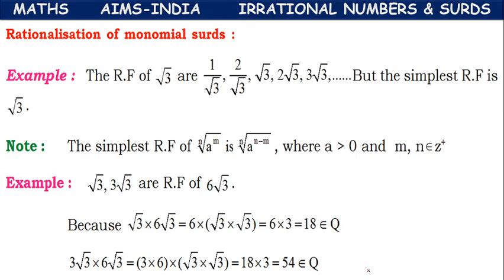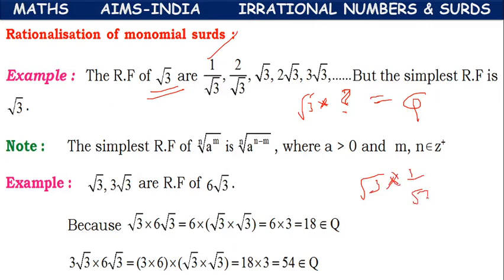Next, suppose we want the rationalizing factor of root 3. Means by what other surd should root 3 be multiplied so that the answer will be a rational number? We can take 1 by root 3, because root 3 into 1 by root 3 cancels, answer 1, a rational number.